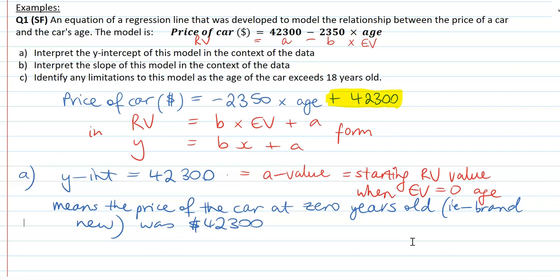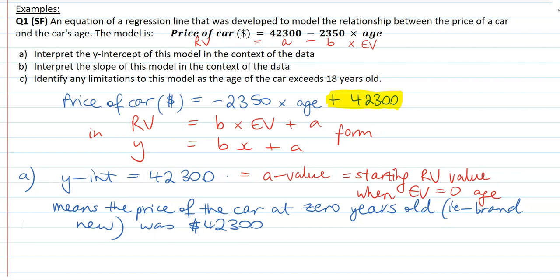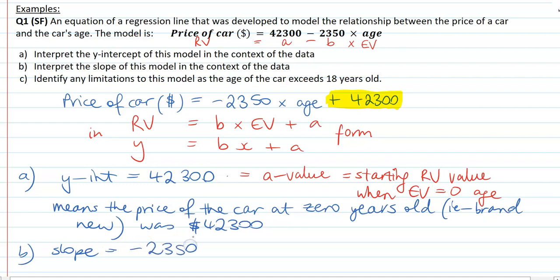For part B, we want to interpret the slope of this model in the context of the data. Now remember, the slope is the average change, so an increase or decrease, in the response variable for each 1 unit increase in the explanatory variable. So if I'm looking at that slope value, we have negative 2,350, and we're talking about dollars per year, so the age of the car.